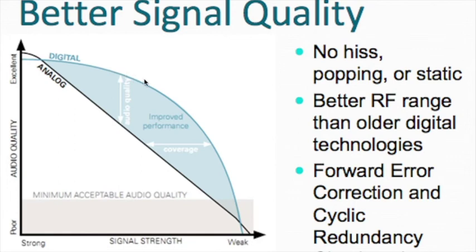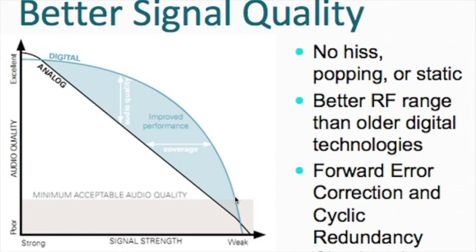Okay, so when I'm all the way out here on the fringe edge of the repeater's coverage area, my audio is still going to be better, and I can still use the repeater in those fringe areas, and I'm still going to be clear to you.